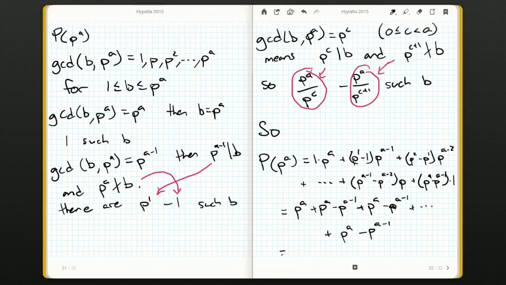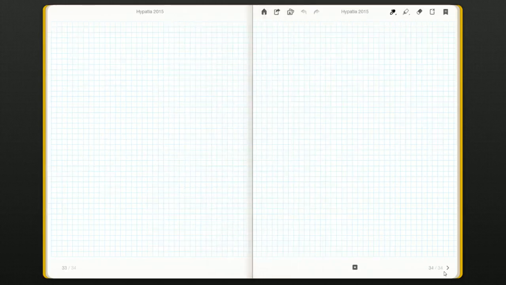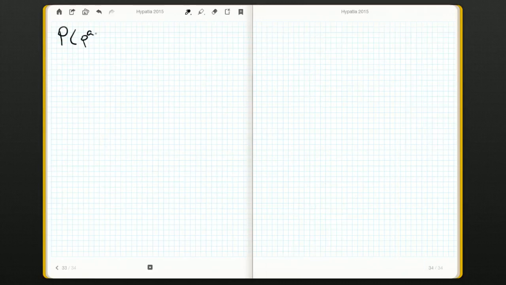So we're going to have a plus 1 copies of p to the a, minus a copies of p to the a minus 1. So if we're looking at p of a power of a prime, it's going to be a plus 1 times p to the a, minus a times p to the a minus 1.